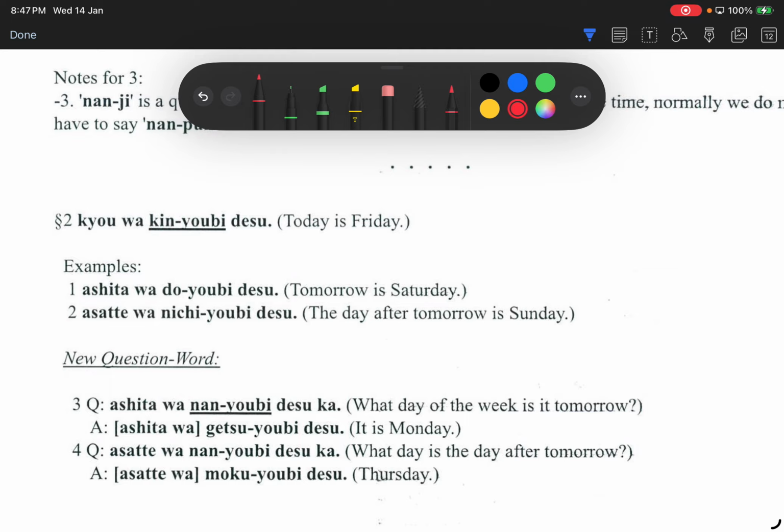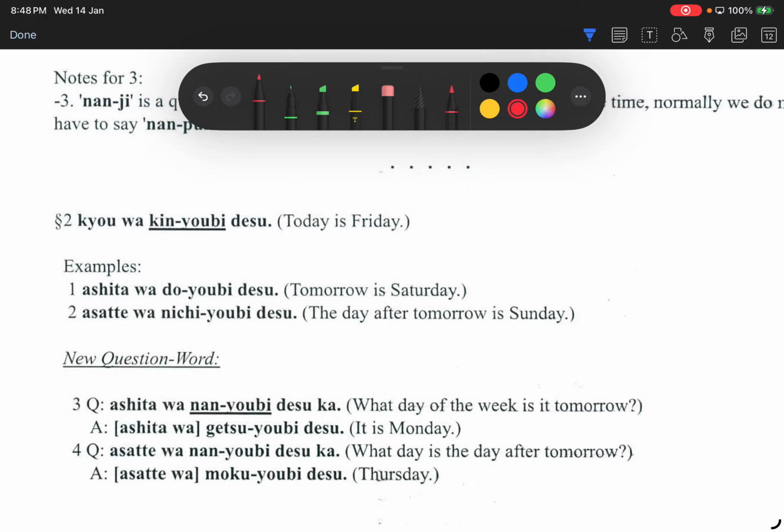Monday is the moon, the kanji represents a moon, so getsuyobi. Tuesday is kayobi, ka is fire. Wednesday suiyobi, sui is water. Thursday is wood, mokuyobi. Friday will be gold.